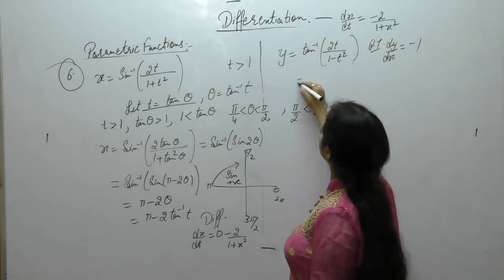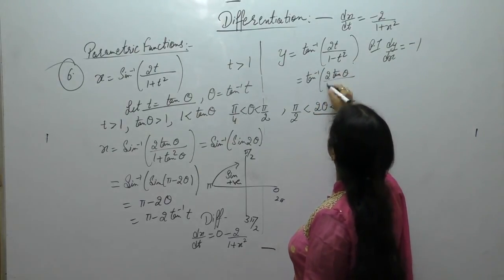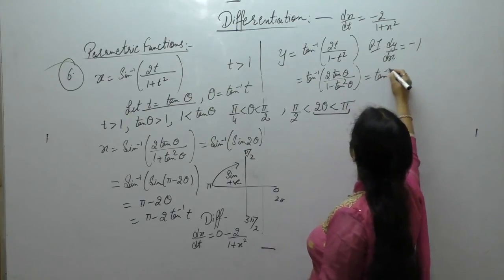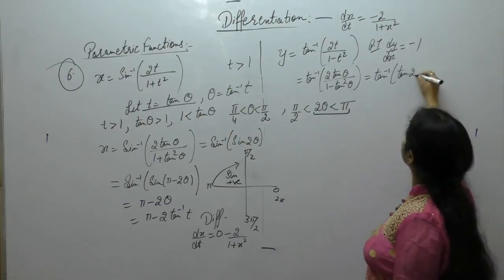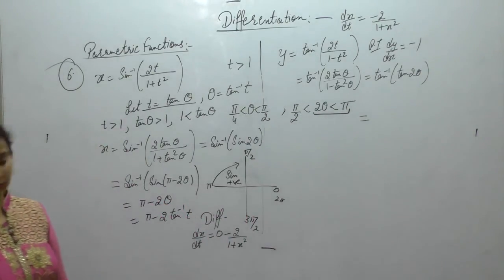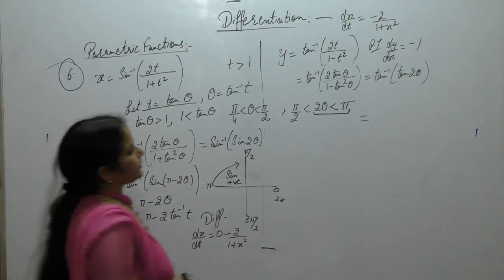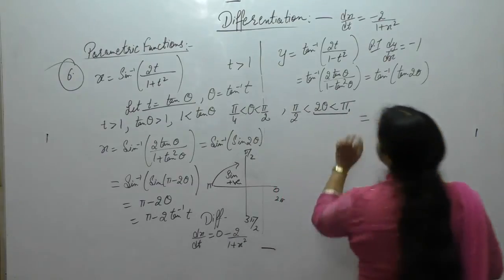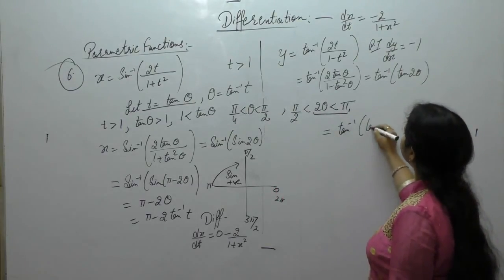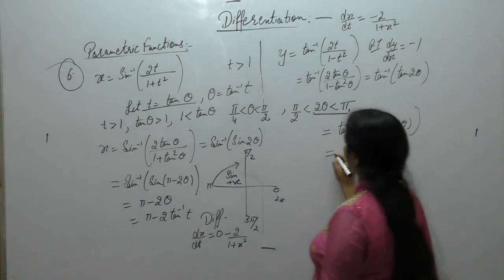Now here put t as tan theta: 2 tan theta upon 1 minus tan square theta. So this is the formula for tan 2 theta. Now 2 theta is greater than pi by 2, so we will write it as tan inverse tan of pi minus 2 theta.